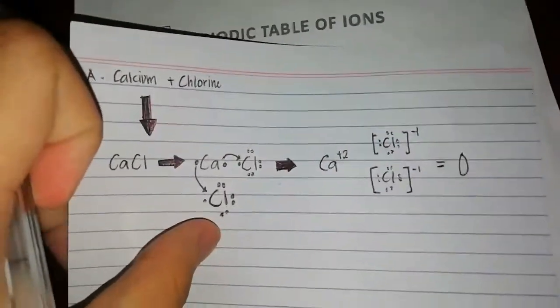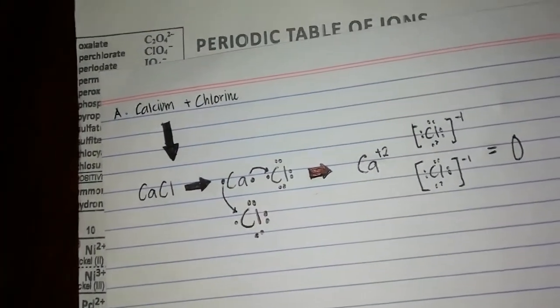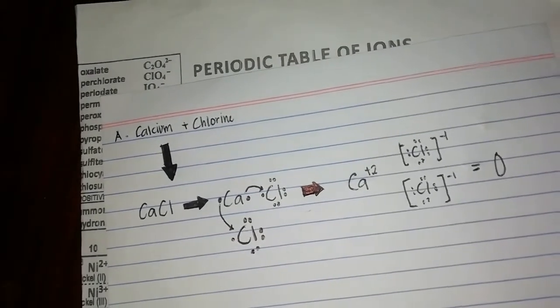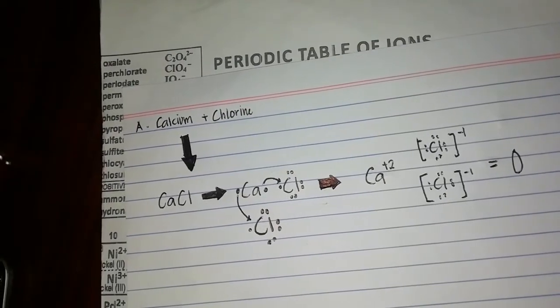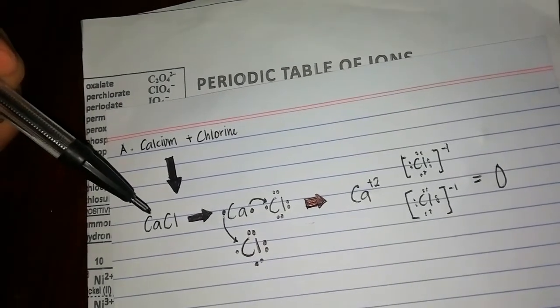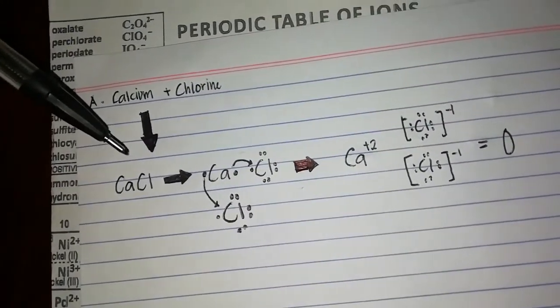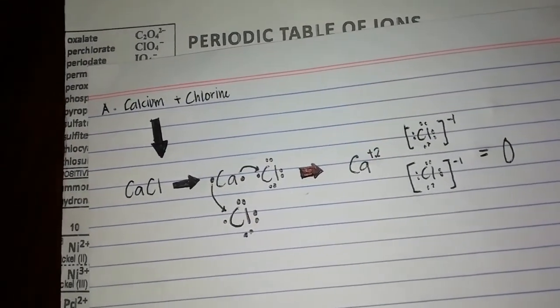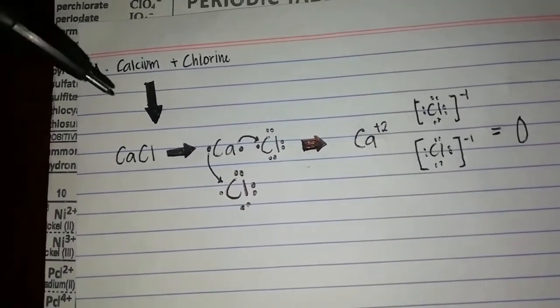So here it goes. For the first step, we write the symbol for each element. And now we're going to release the valence electrons for each element.